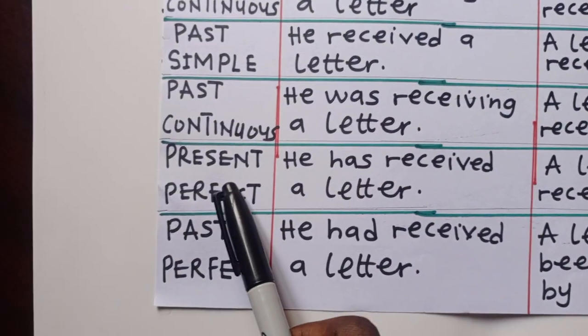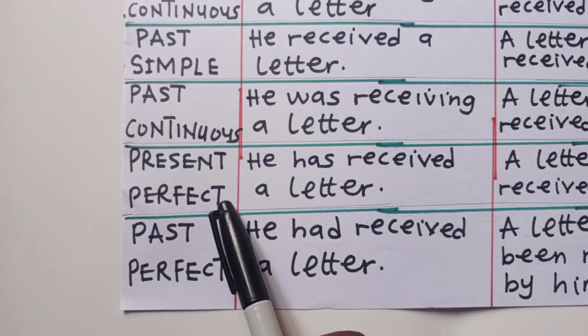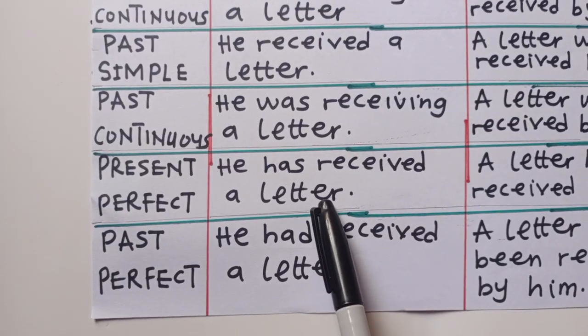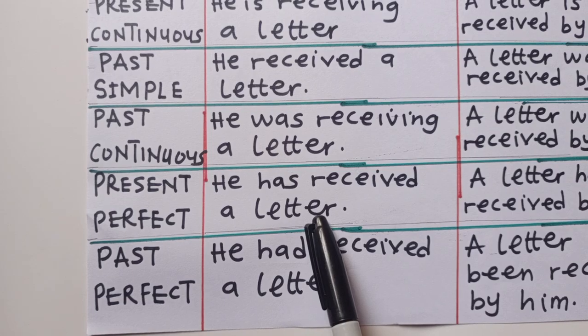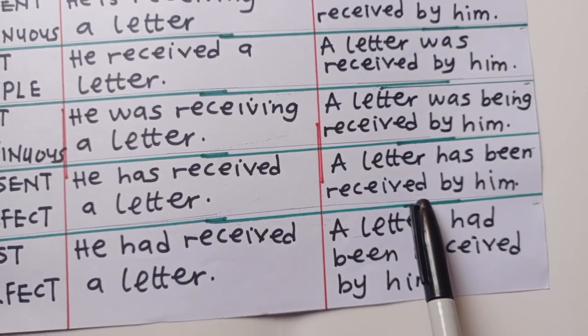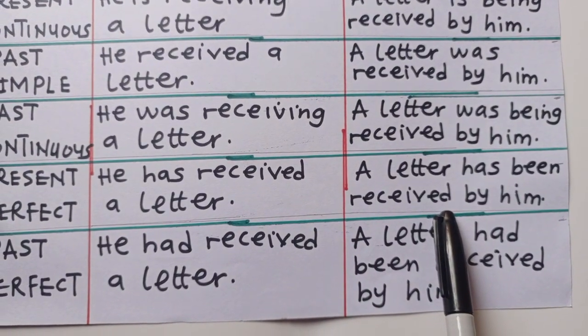Then we move to present perfect tense. For present perfect tense, active voice, he has received a letter. Then for passive voice, it will be a letter has been received by him.